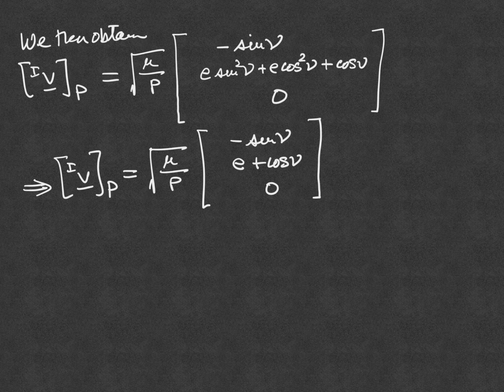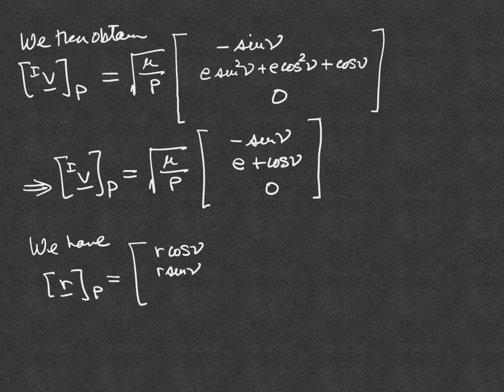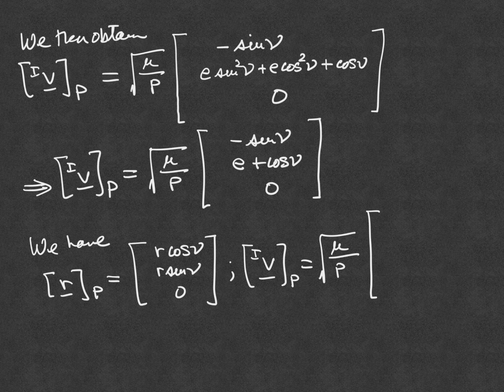Now let's look at this structure together. We have that r expressed in p is equal to r cosine of nu, r sine of nu, and 0. And we have vi expressed in p is equal to the square root of mu over p times minus the sine of nu, and then e plus cosine of nu, and then 0.